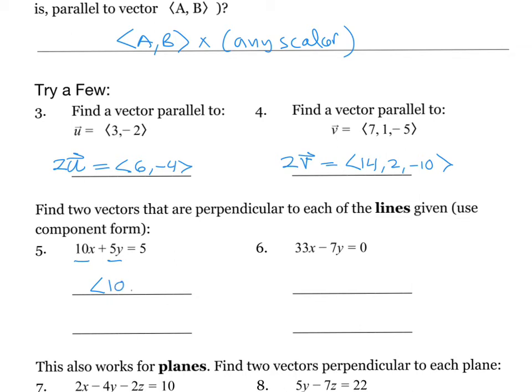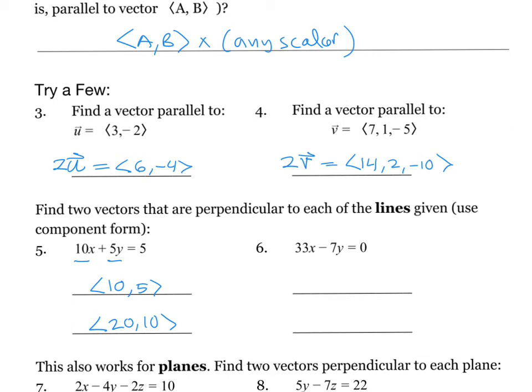So the vector 10, comma 5 is perpendicular to that line. And to find a second one, I could just multiply it by 2. Or negative 1, or any scalar.